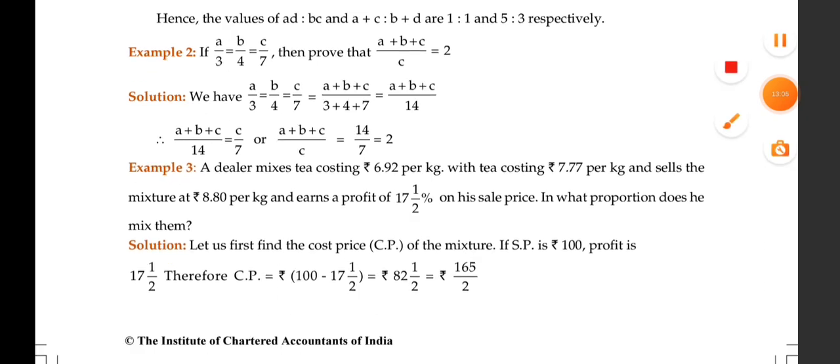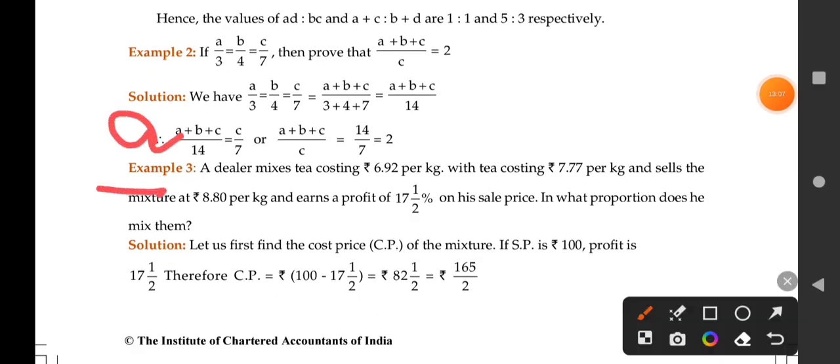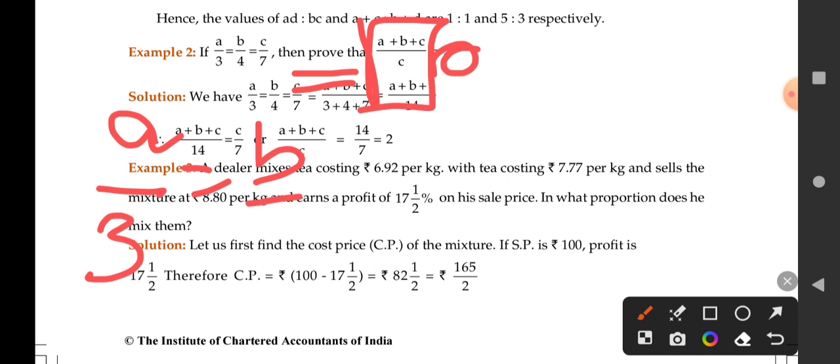Example 2. How to solve this example? Here it is given proof. Maybe in the exam you will be asked what is this equation's value. Okay, so A by 3 is equals to B by 4 is equals to C by 7.